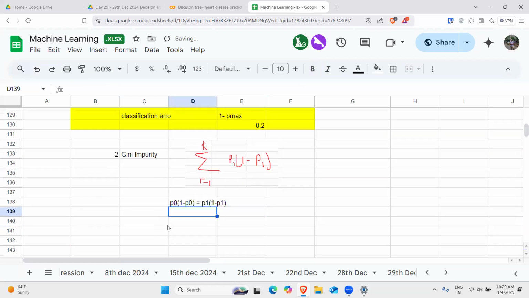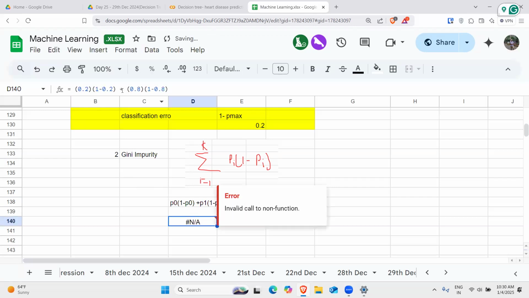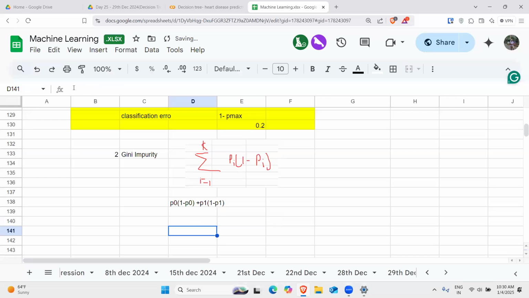That is 0.2 into 1 minus 0.2, plus 0.8 into 1 minus 0.8.